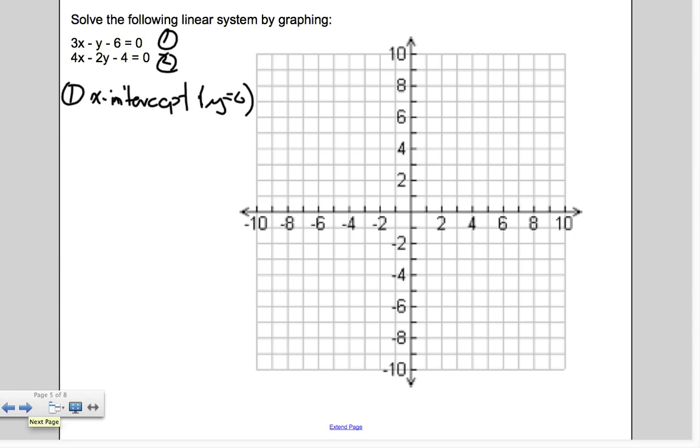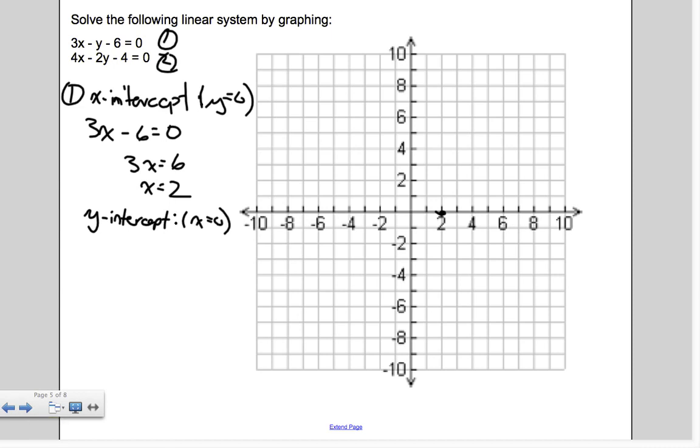So we get 3x minus 6 is equal to 0. 3x is equal to 6. x is equal to 2. There's 1 point. My y-intercept is when x equals 0. So I get minus y minus 6 is equal to 0. So y is equal to negative 6.